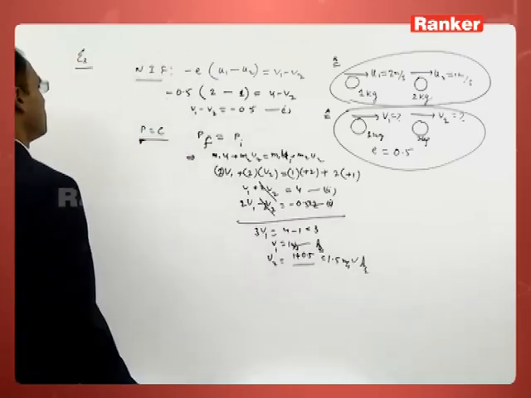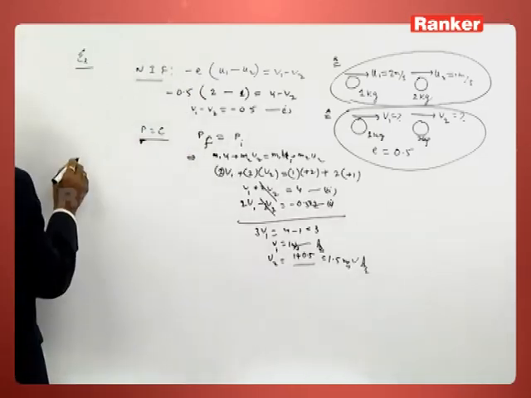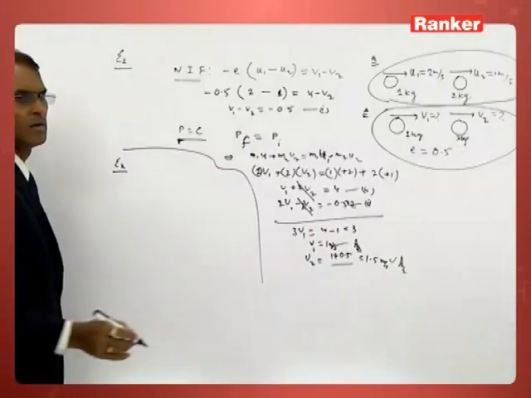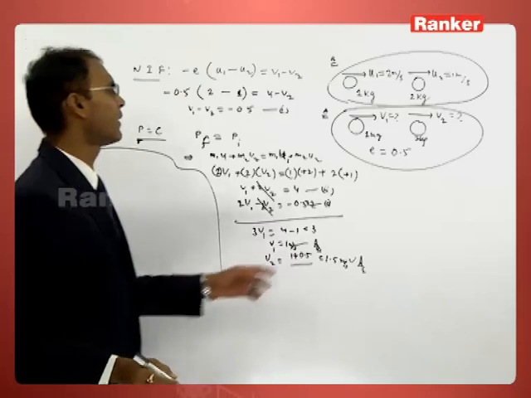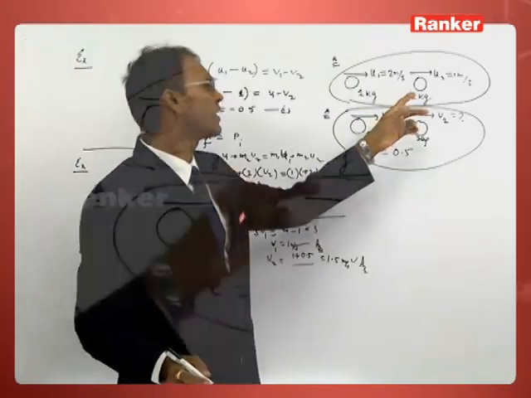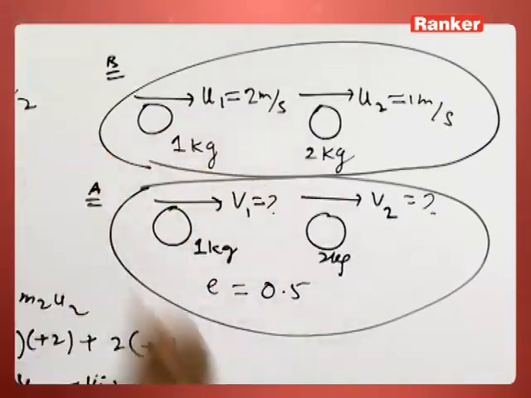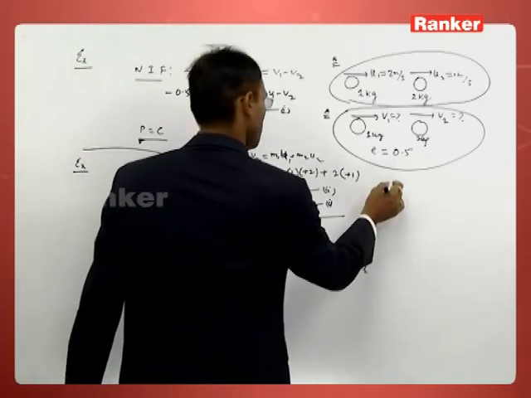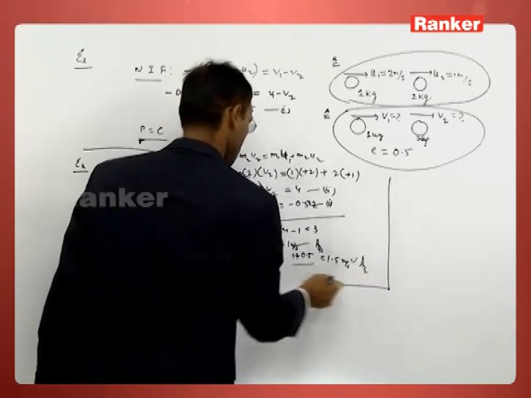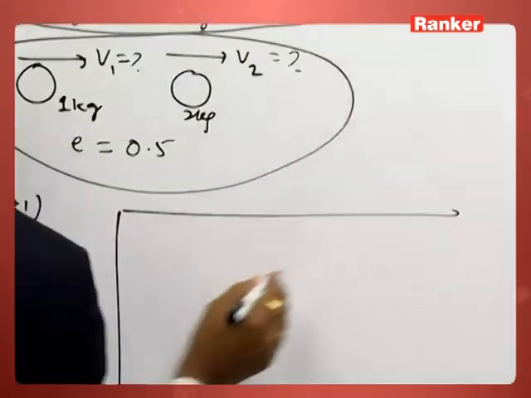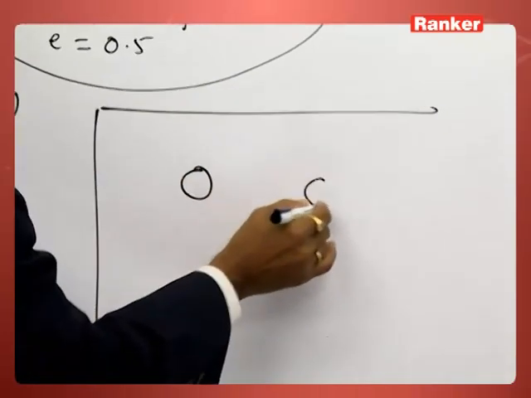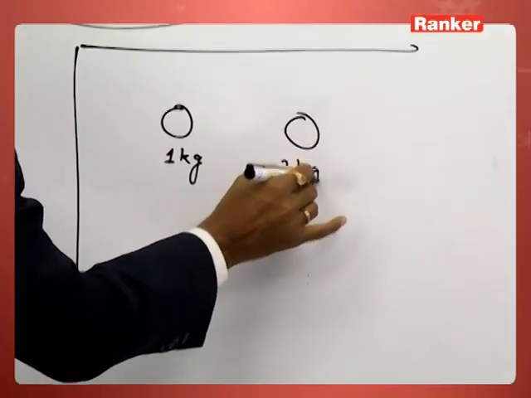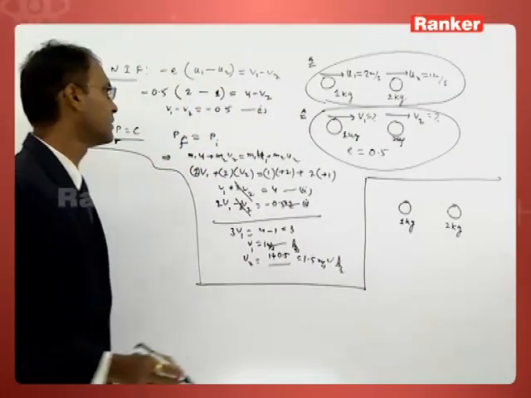Well, sometimes they give the initial velocities in negative x direction. In this problem, let us take the same problem of masses 1 kg and 2 kg.